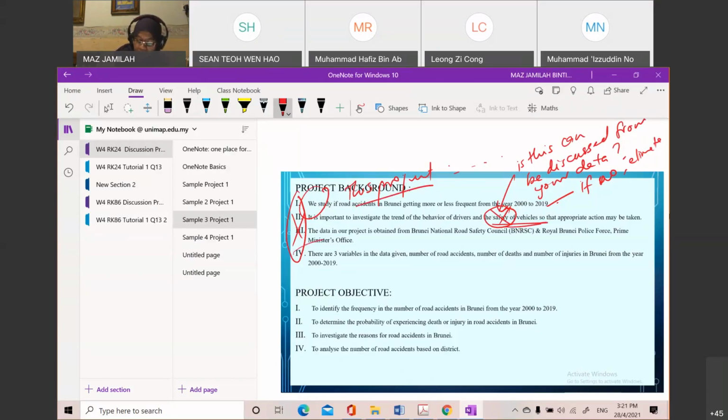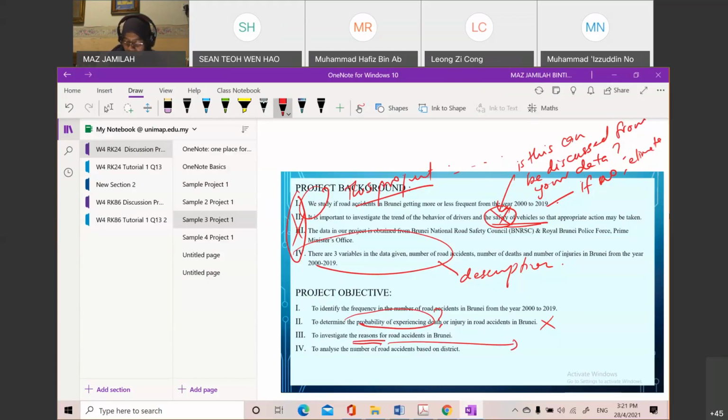The variable description is not inside your background. To identify the frequency of the number of road accidents in Brunei from year 2000 until 2019, to determine the probability of experiencing, how would you know? This cannot be done. If you investigate the reason, can you outline the reason?